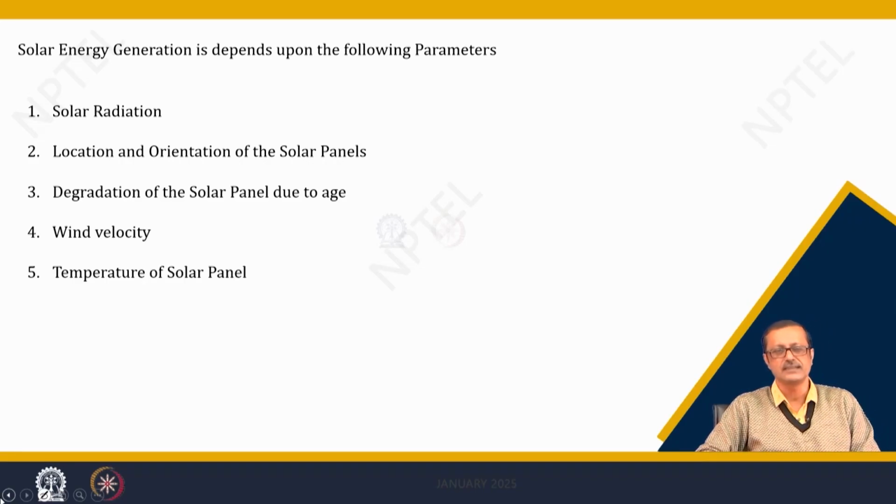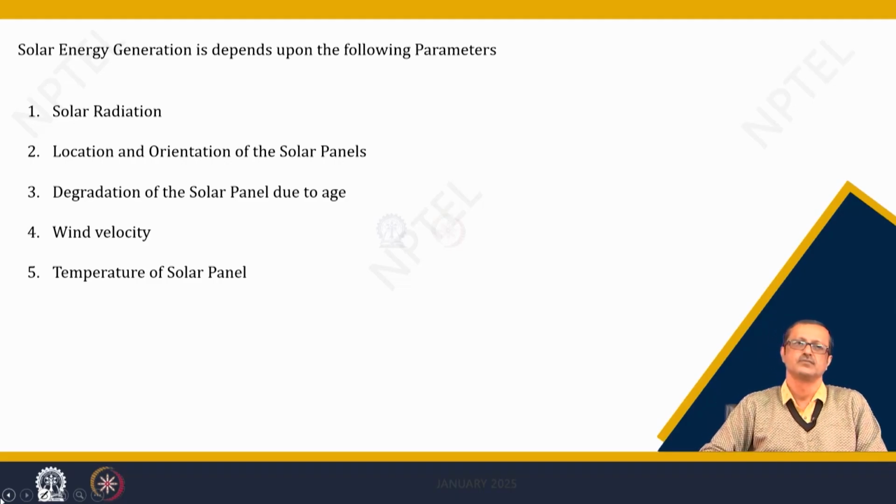If the temperature of the panel is increased, the movement of the electrons is going to decrease. That is what we know from the literature, and I am not very knowledgeable in that particular area, because it all comes down to semiconductor physics. So, temperature of the panel is an issue.